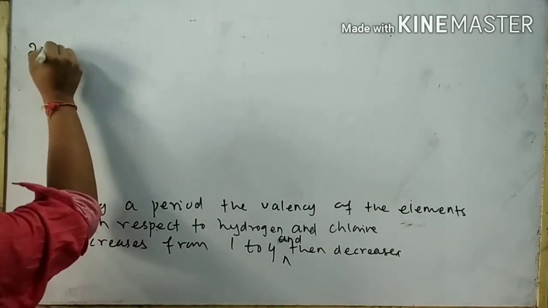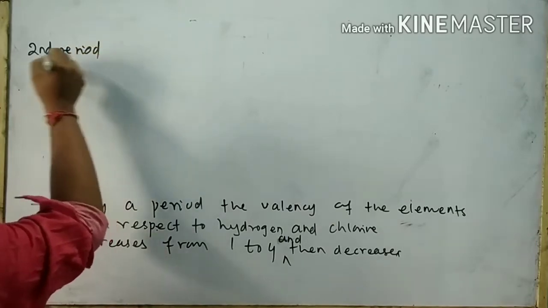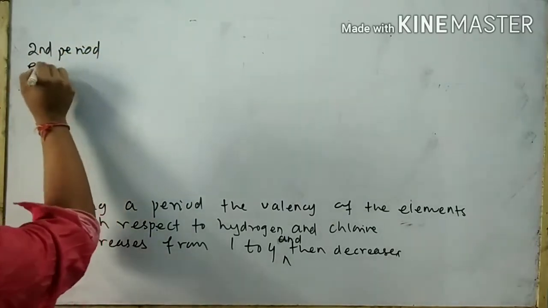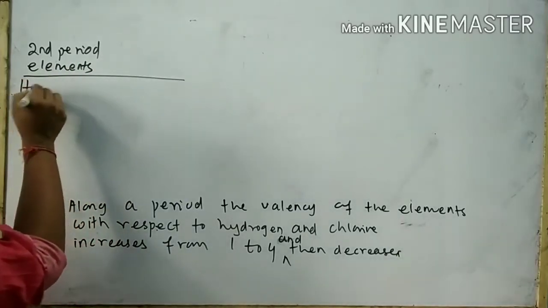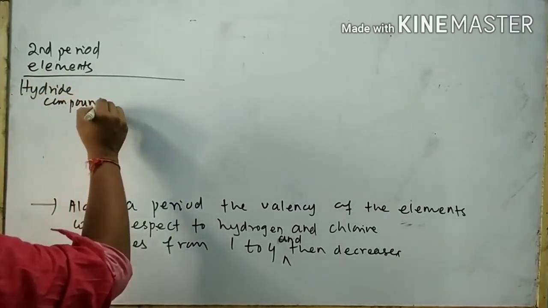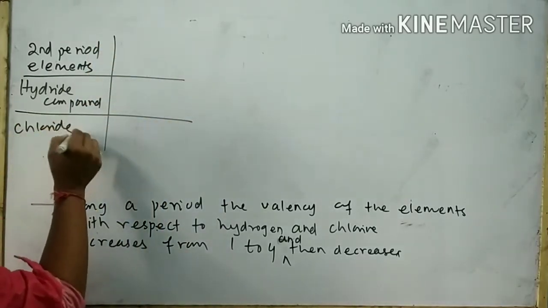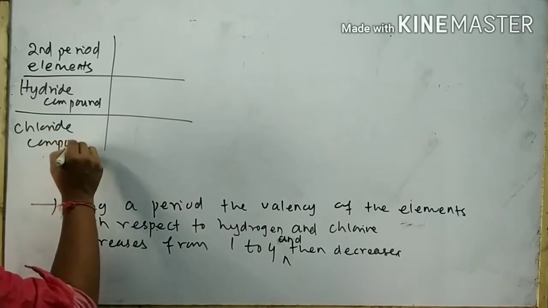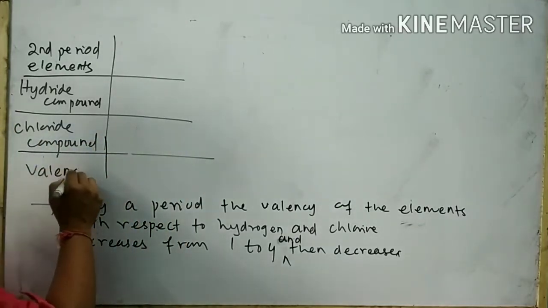Suppose I take the elements present in the second period: hydride compounds, next chloride compounds, and next the valency.